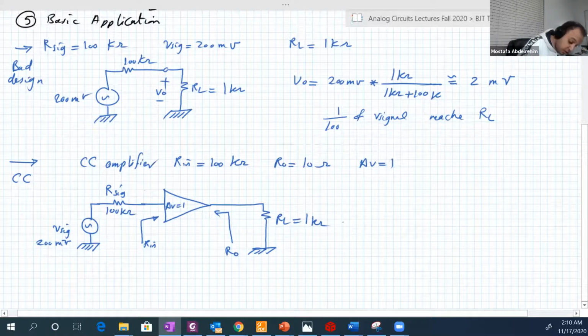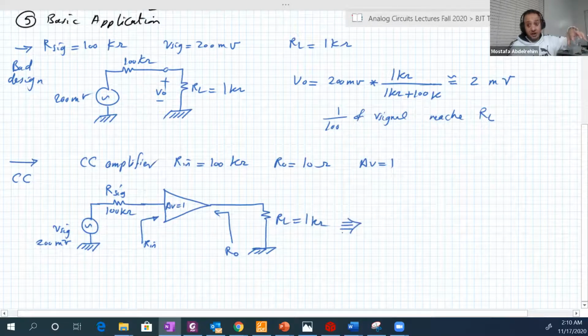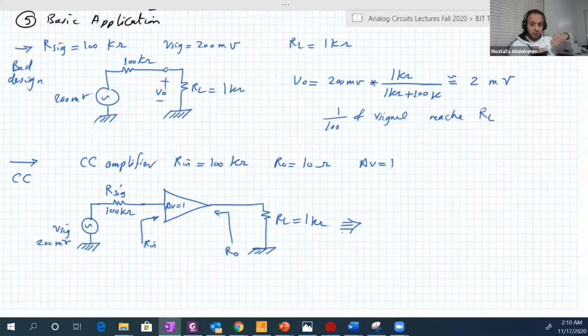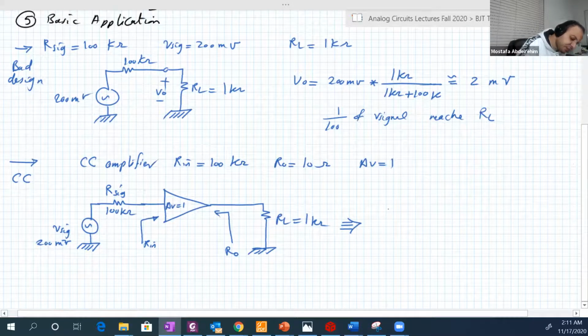Good. We can remove this amplifier and put our input to the input signal and AV at the output toward the load resistance. Good. So we have here the input terminals, V signal and our signal.